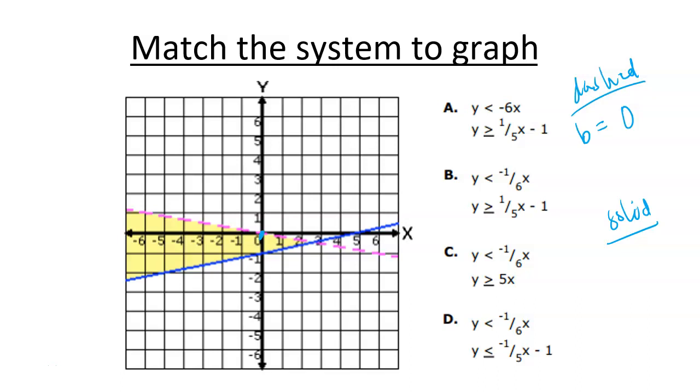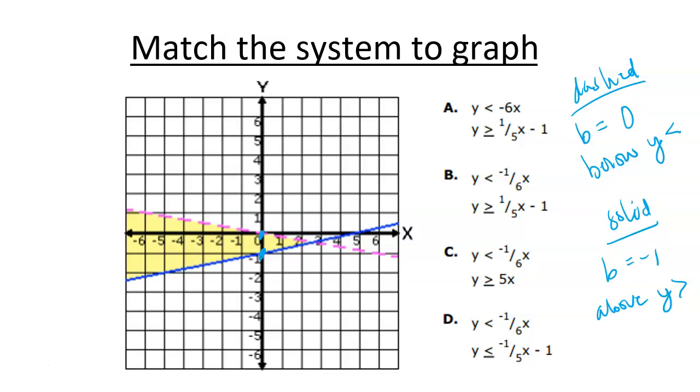Notice that it's shaded below that pink line, so it's going to be y is less than something. For the solid line, my y-intercept is -1, and it's shaded above the solid line, so that's going to be y is greater than.